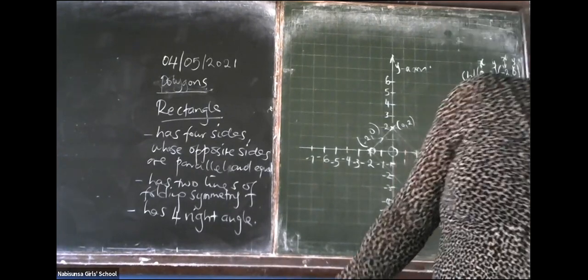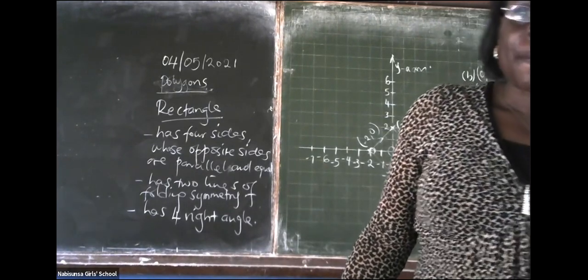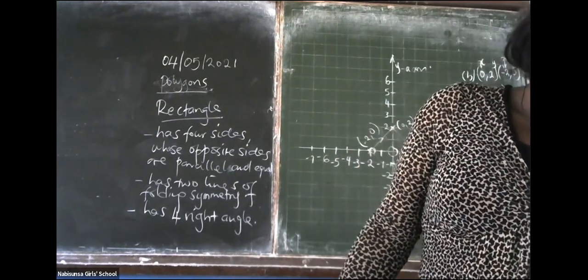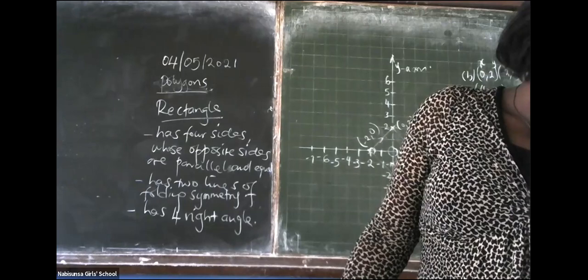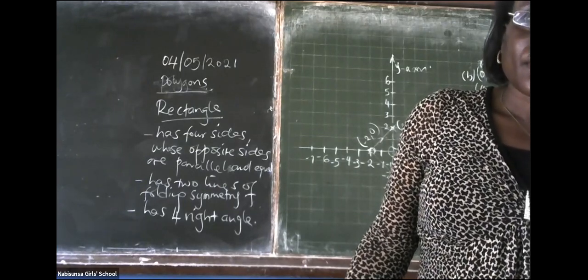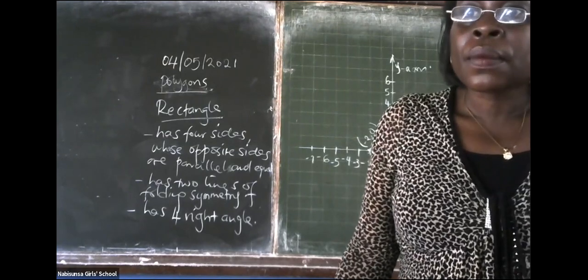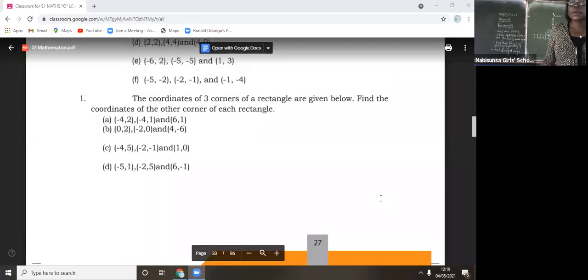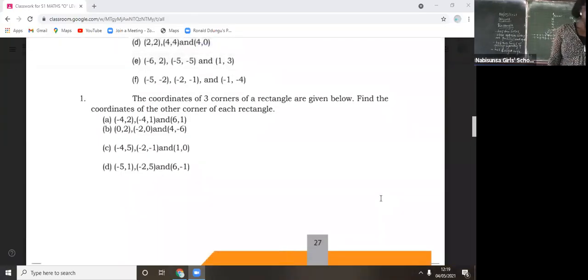You're going to represent negative 4 and 5, negative 2 and 0. So where do you put the coordinate?